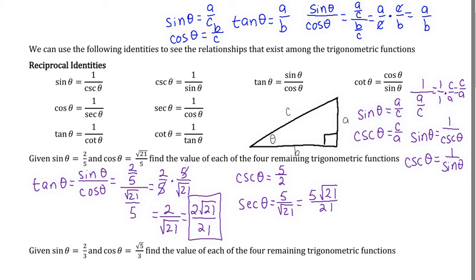And last but not least, our cotangent theta, and now we want to use this one right here for our cotangent, is square root 21 over 2.